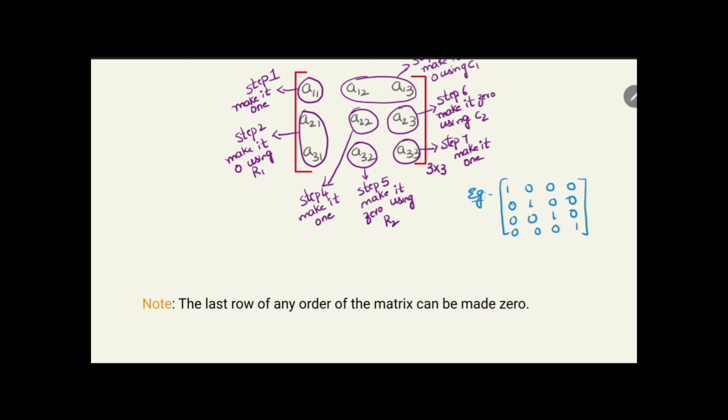But it is not compulsory while solving or reducing the problems that this element should be 1. You can make this element 0 so that the last row can be made 0.